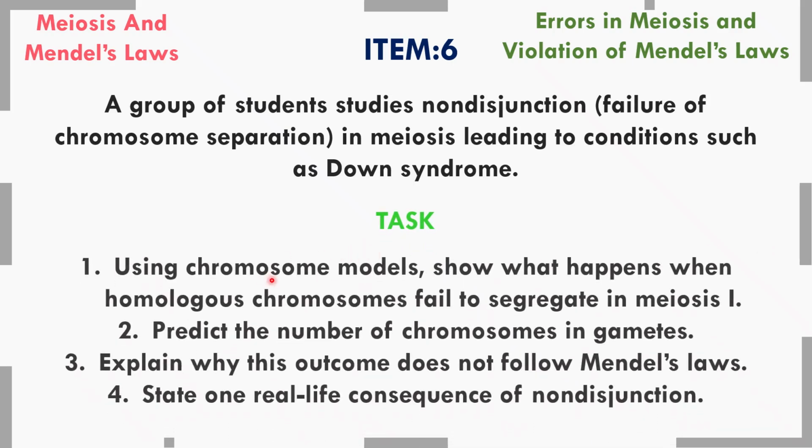Task: using chromosome models, show what happens when homologous chromosomes fail to segregate in meiosis 1. Predict the number of chromosomes in the gametes. Explain why this outcome does not follow Mendel's law. State one real-life consequence of non-disjunction.